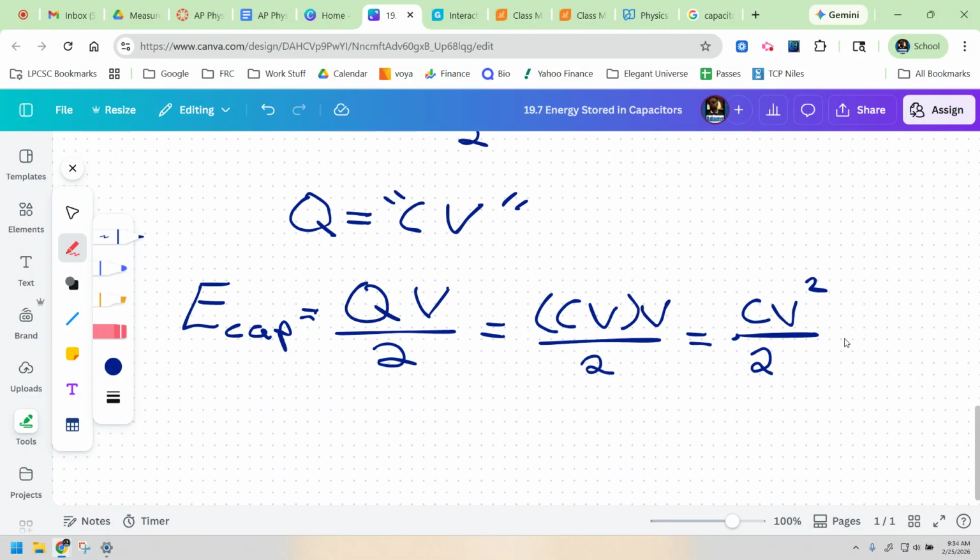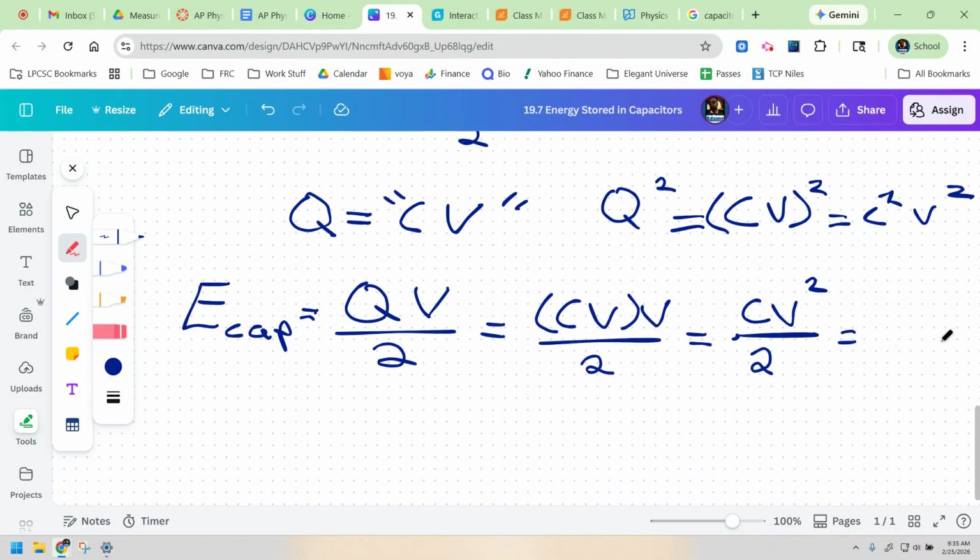So if I say Q, actually I'll write it out first. If I say Q squared, then I really have CV squared, which is just equal to C squared over V squared, right?